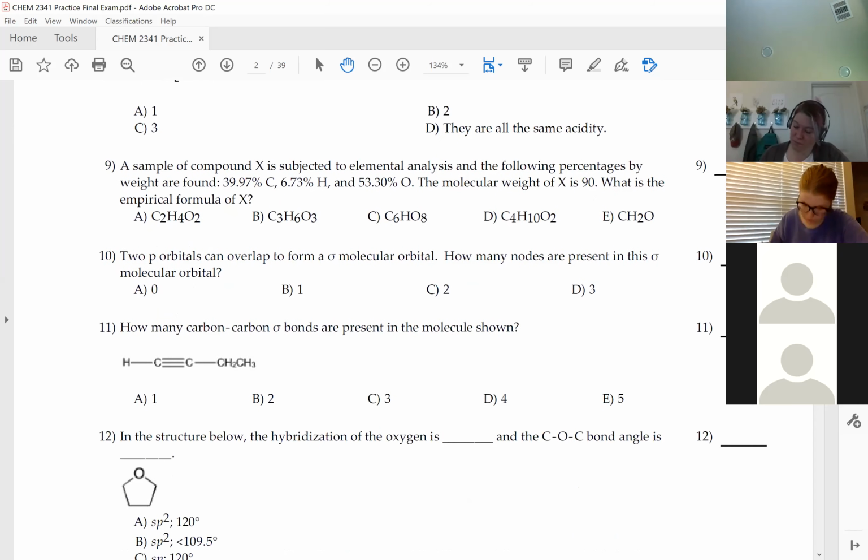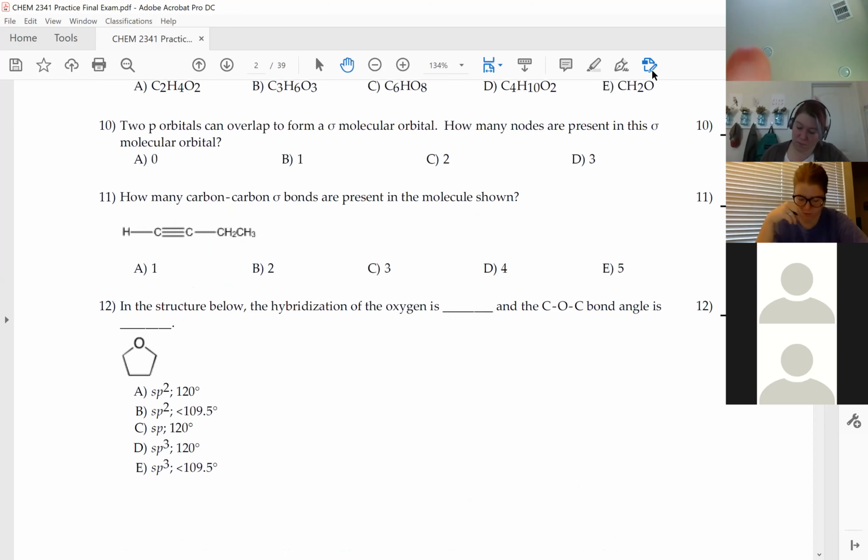The next one that I had here is number 11. So go ahead and think about it for a second. Is it 3?